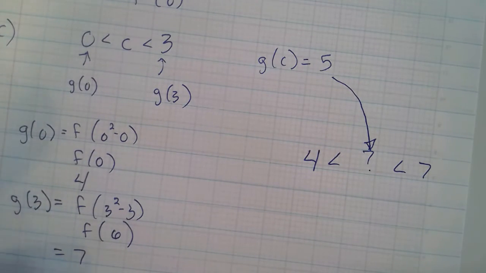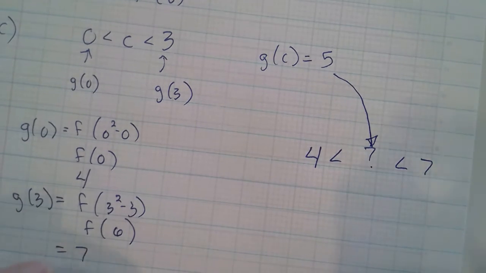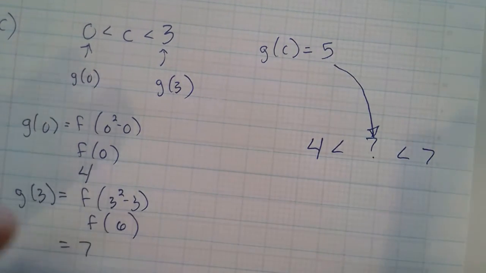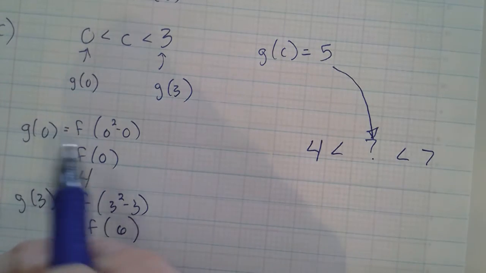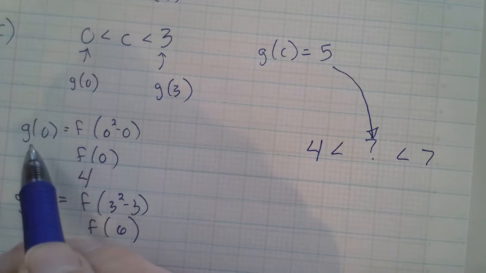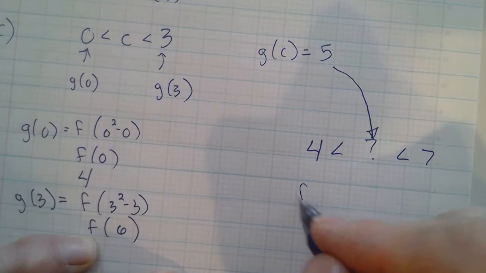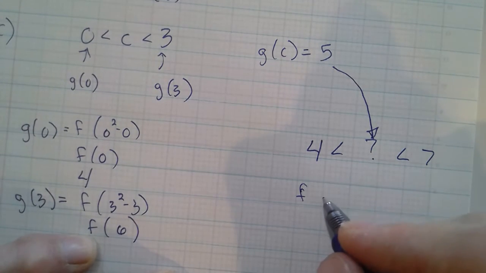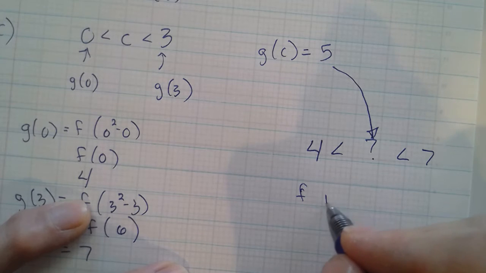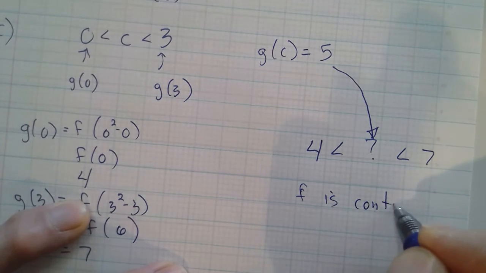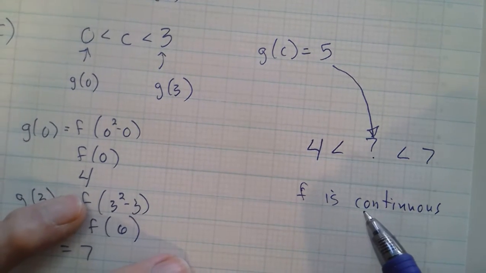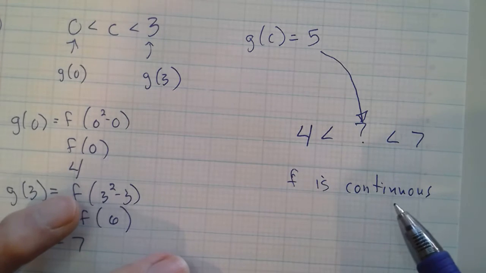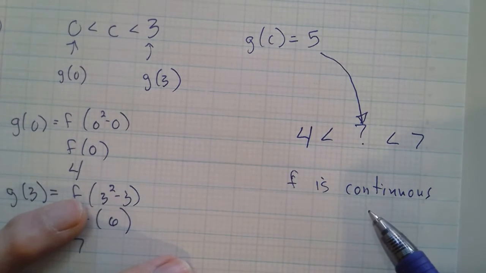So we still haven't answered the question. The answer to the question is it's got to meet two criteria. This number has to be between 4 and 7, which it is. But g has to be continuous. Well, we know f is continuous. That's given because f is differentiable. It's actually twice differentiable. So we know that f is continuous.